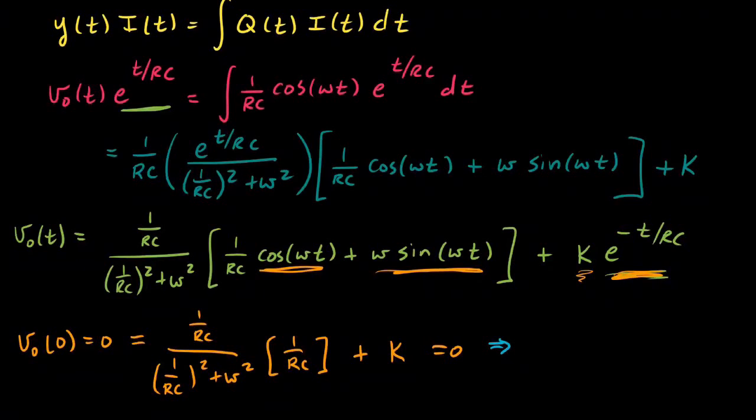And all of that is going to lead to k equals negative 1 over RC quantity squared divided by 1 over RC quantity squared plus omega squared.